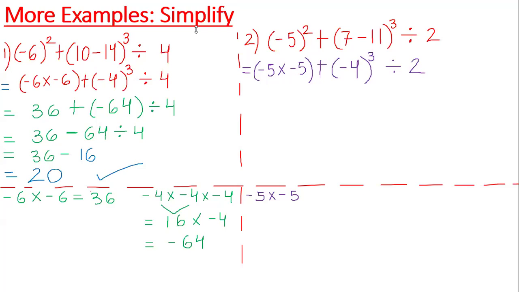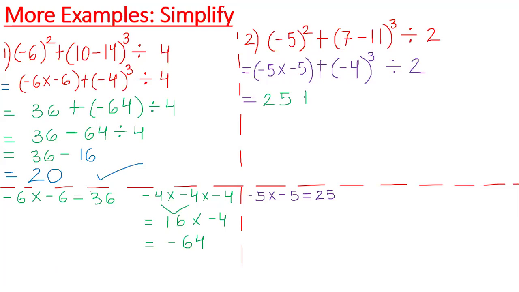That gives us 25. And then we have negative 4 cubed. What is that? Gotta multiply 4 3 times. Very good.